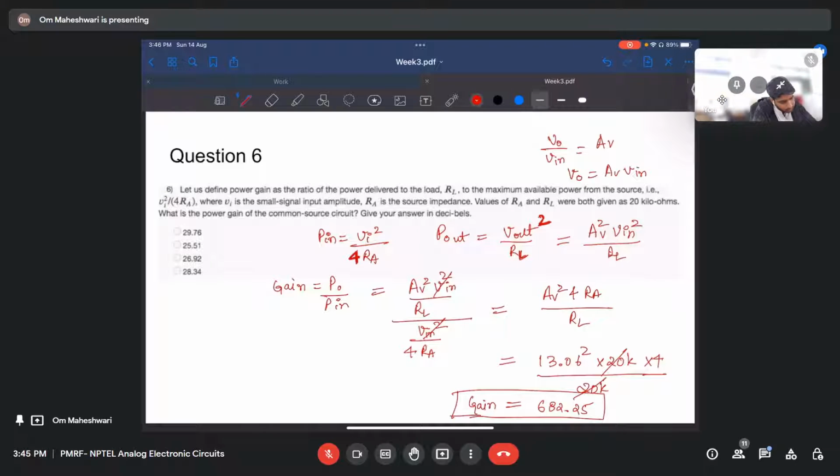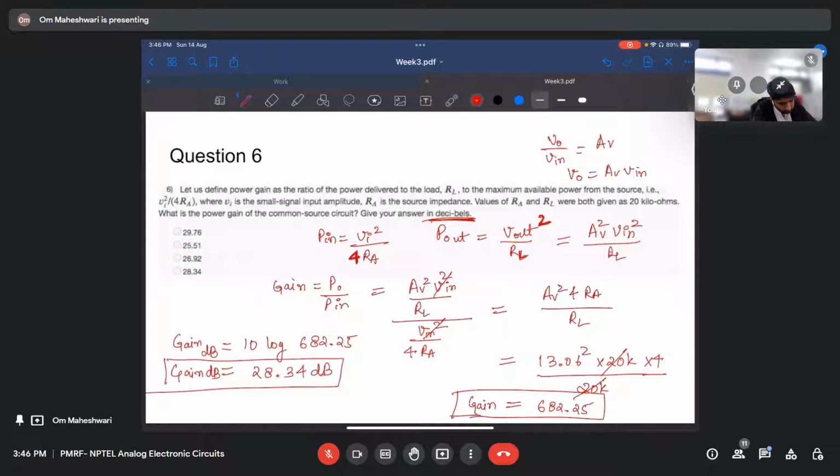Now we have to find it in decibels. So gain in dB equals 10 log 682.25, which will be 28.34 dB. So this will be the answer.